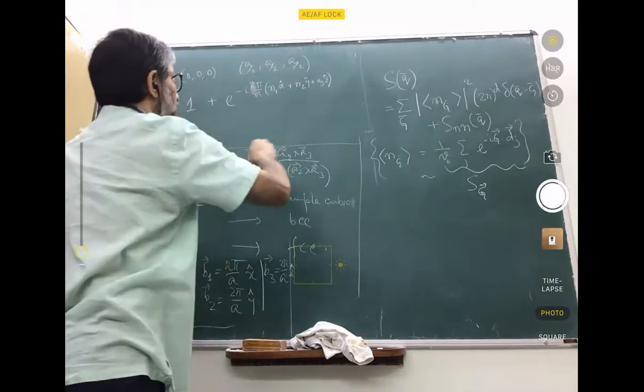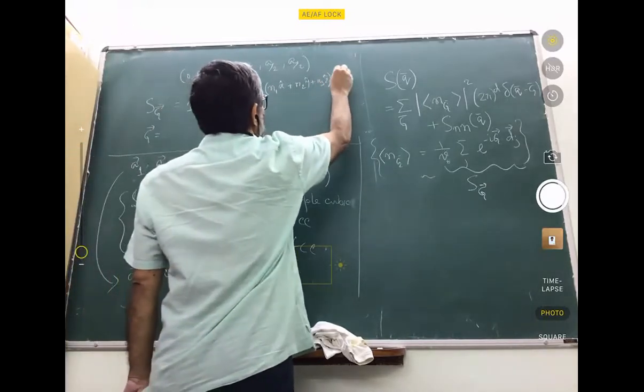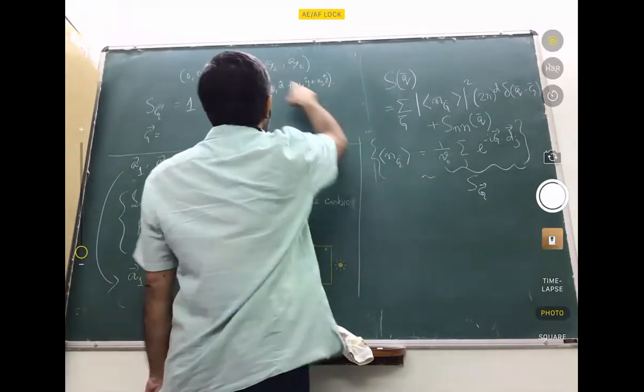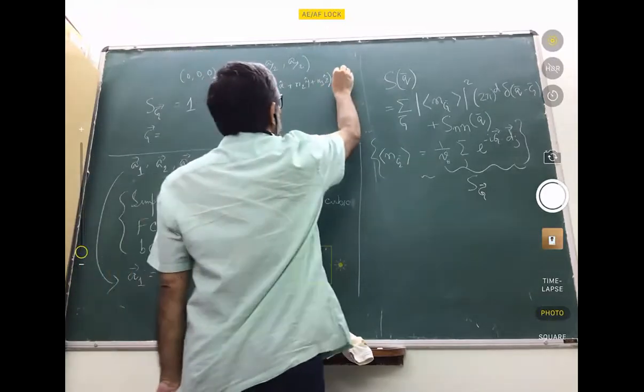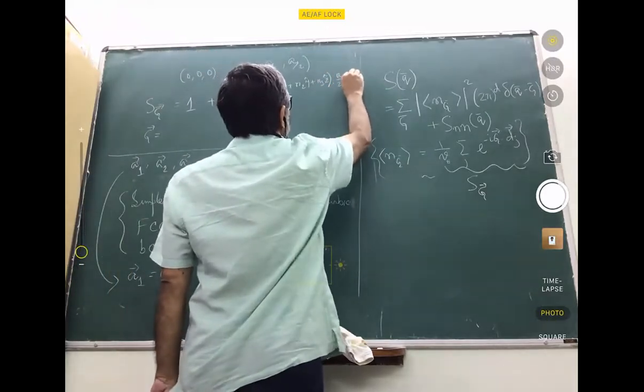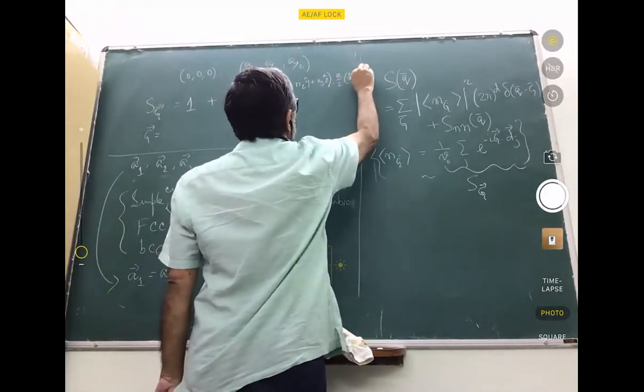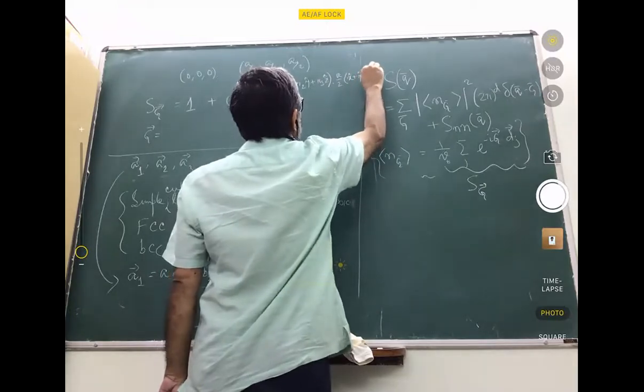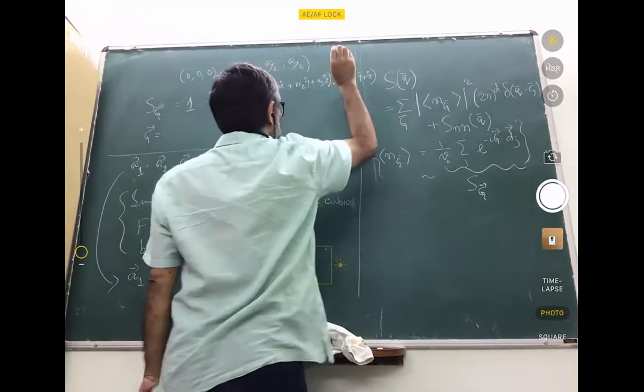So that's G, and d is this vector, a/2, in the dot product.